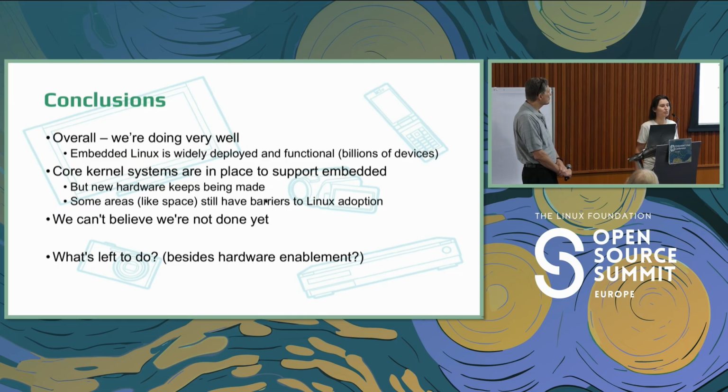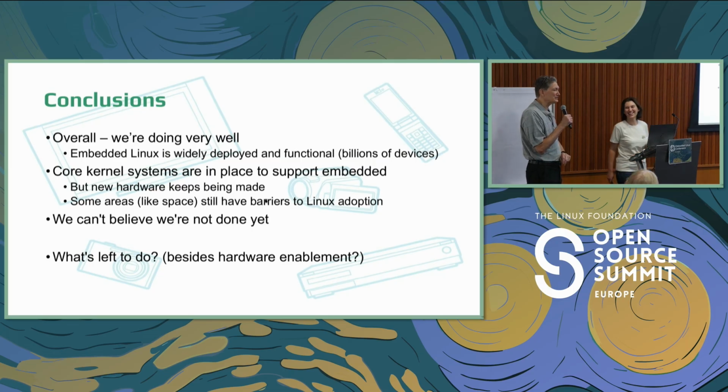Embedded Linux is running on billions of devices. The core kernel has subsystems that support embedded. And of course, there's still new hardware coming in, while some areas, like the favorite space of Tim, still have some barriers for adoption. And it's still not done.